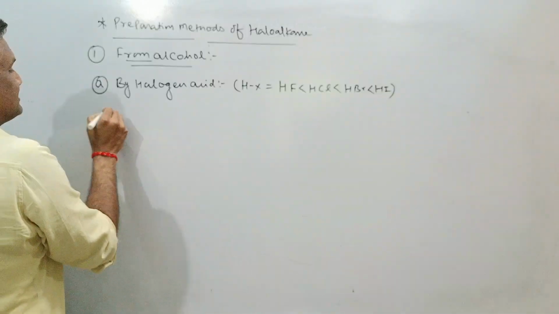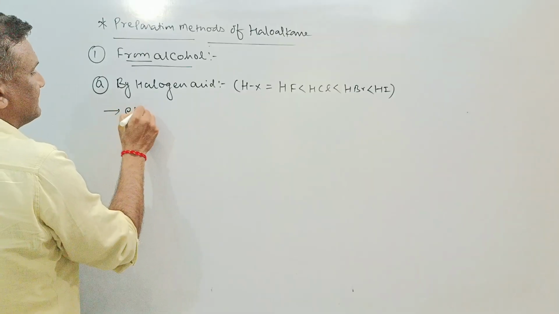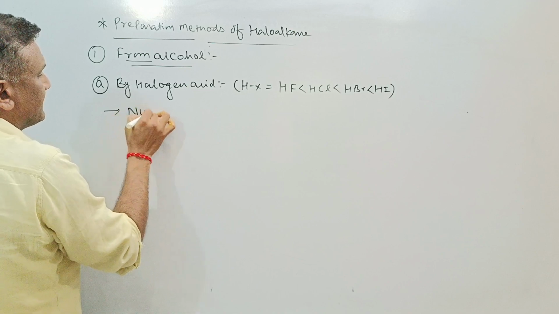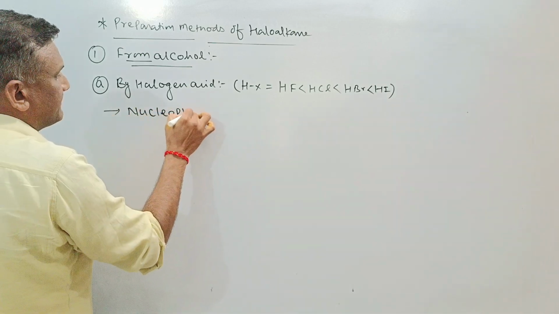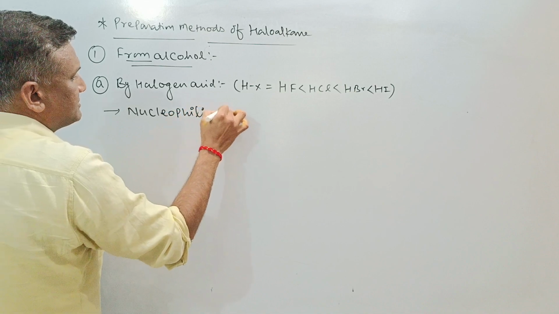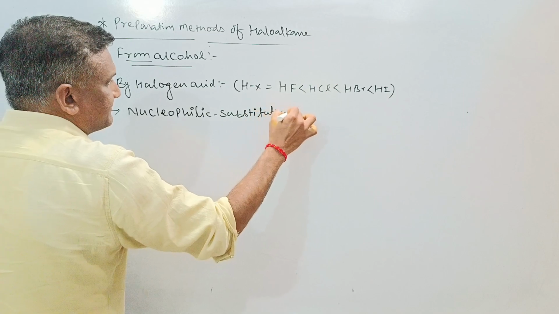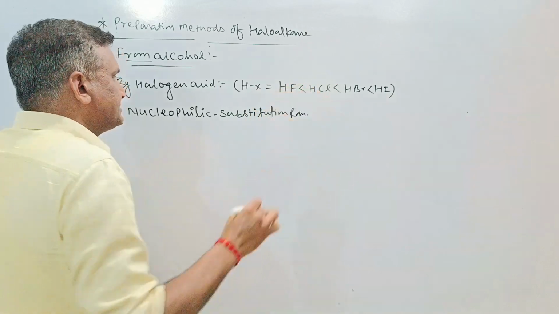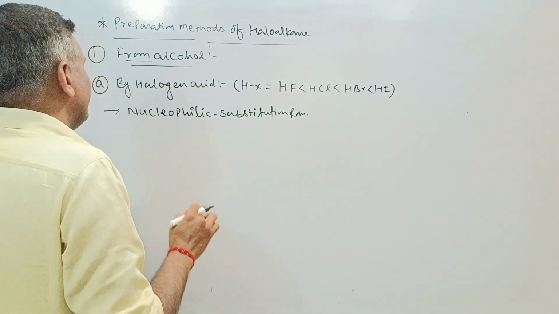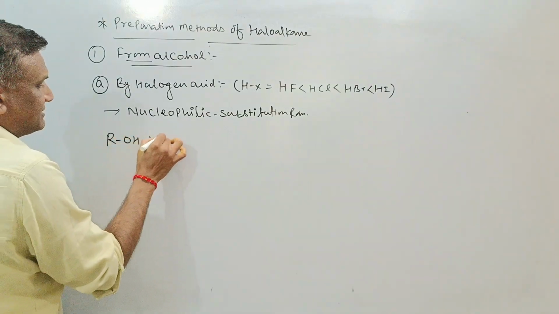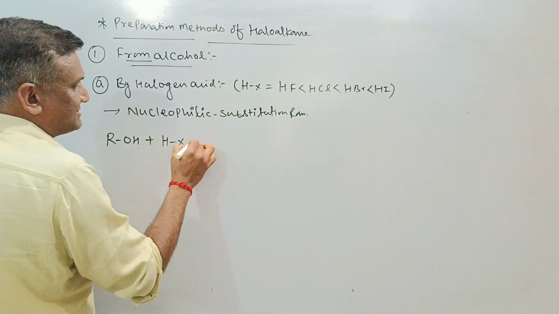This is a nucleophilic substitution reaction. First of all, the type of reaction, and then we'll go with the reaction. This is the alcohol ROH. This is your halogen acid HX.